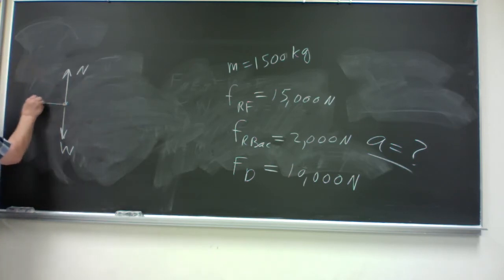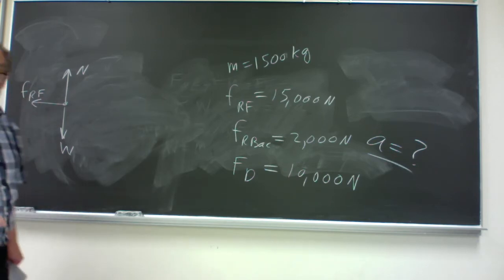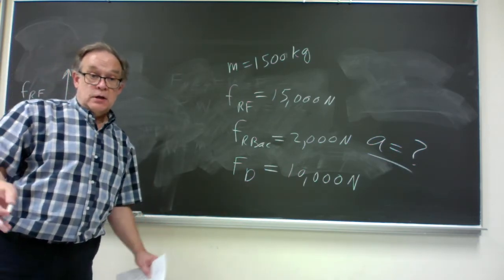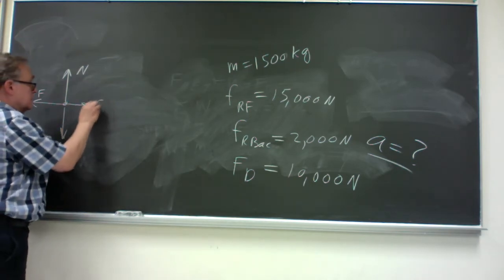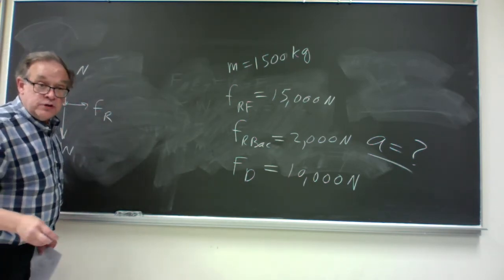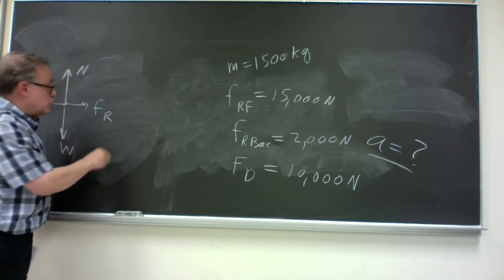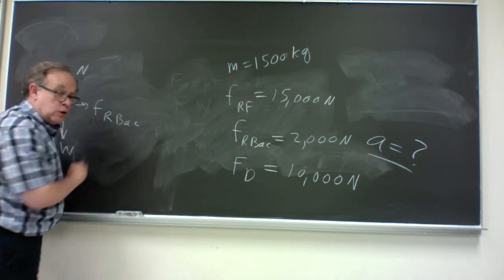And there is the forward pointing rolling friction force, the rolling friction force on the back tires. And then there is the rolling friction force on the front tires, a force which points backwards.